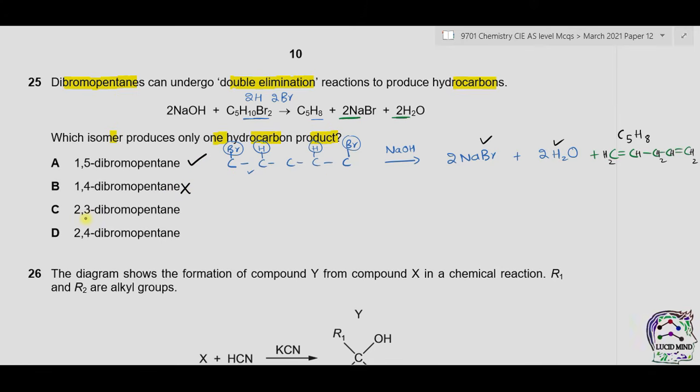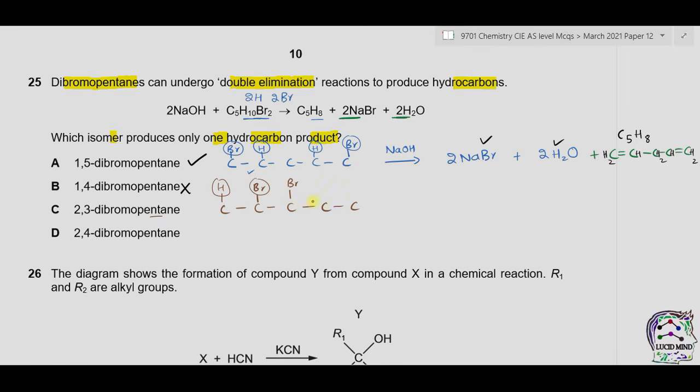Let's look into the third one. We have 2,3-dibromopentane. In pentane we have 5 carbon atoms. On second and third carbon we have 2 bromine atoms, so this is second carbon and this is third carbon. Now elimination can take place in such a way that this hydrogen is removed along with this bromine.